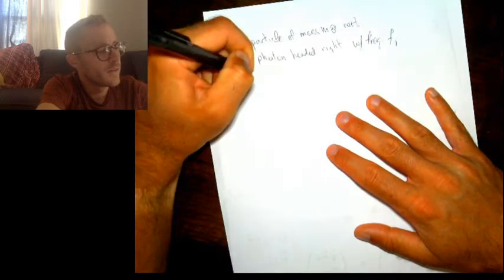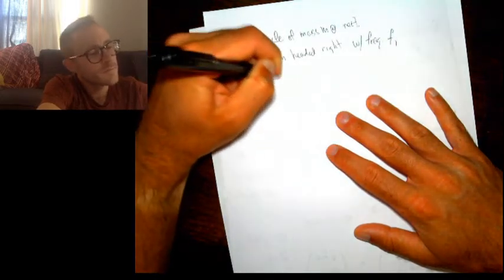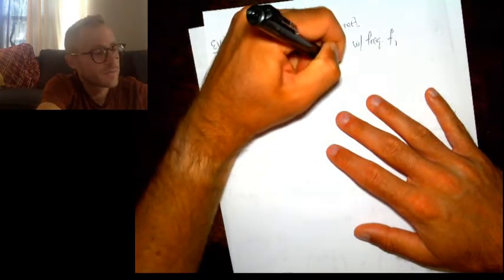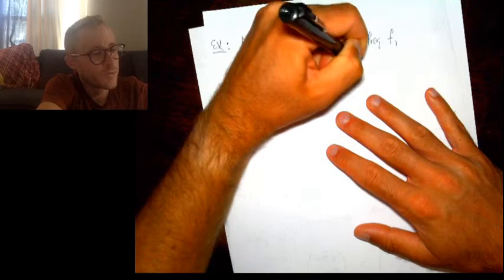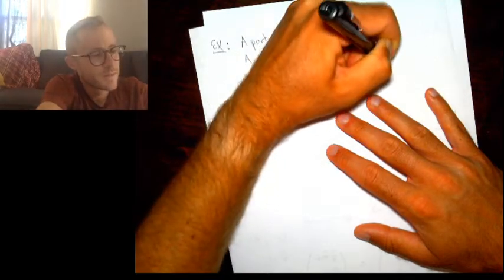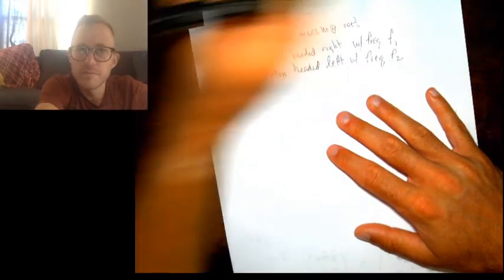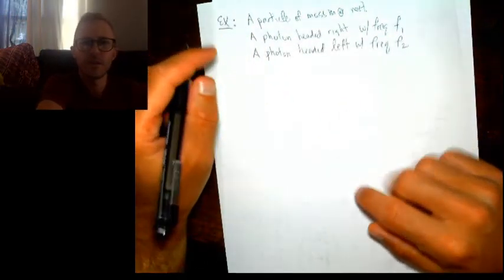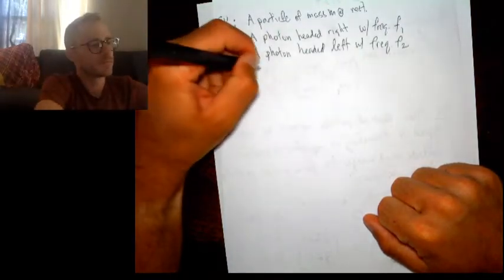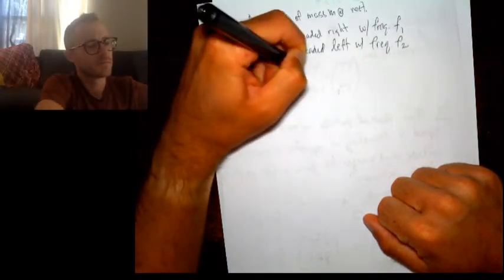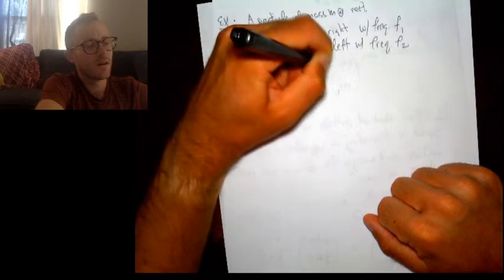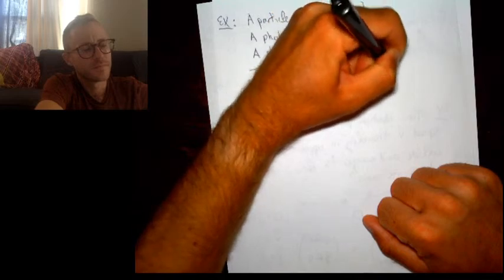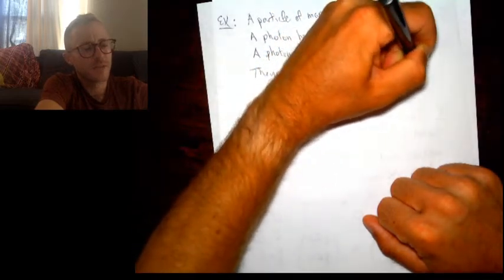We've got a photon headed left with frequency f2. They all collide and make a massive particle.